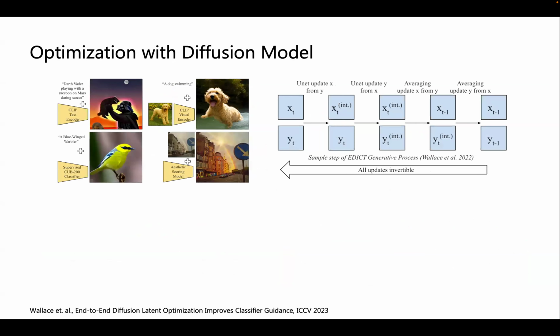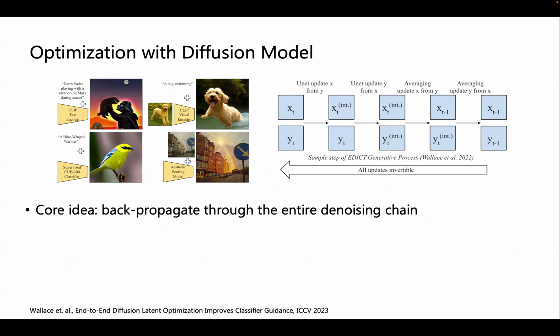So how did we manage that? Our work is actually inspired by the work on end-to-end diffusion latent optimization for improved classifier guidance. The core idea of this work is to backpropagate the gradient from a certain loss guidance through the entire denoising chain.